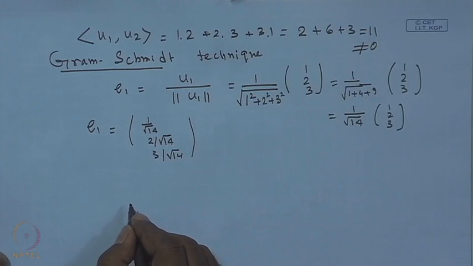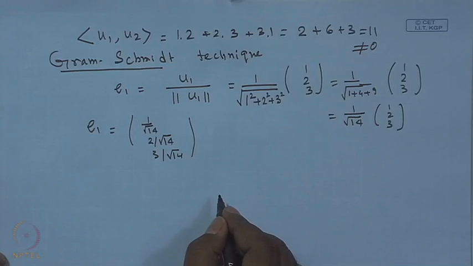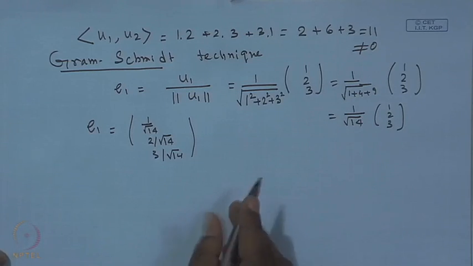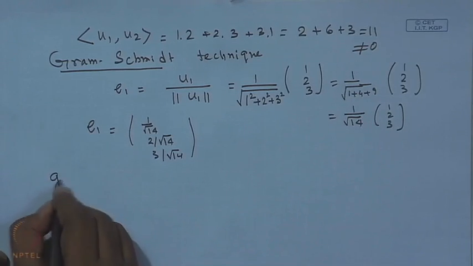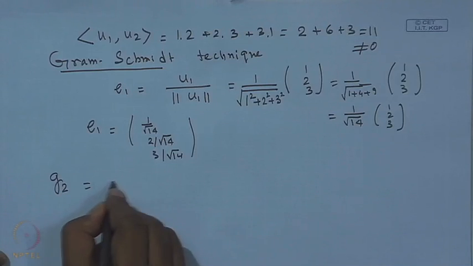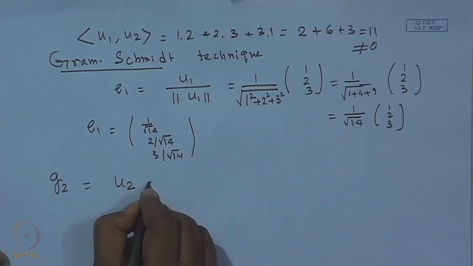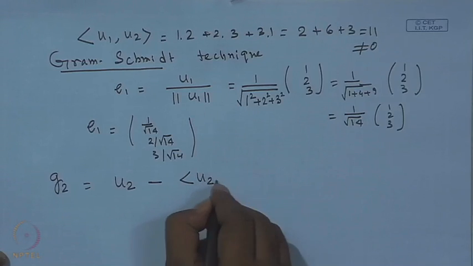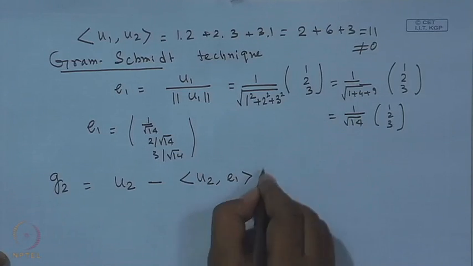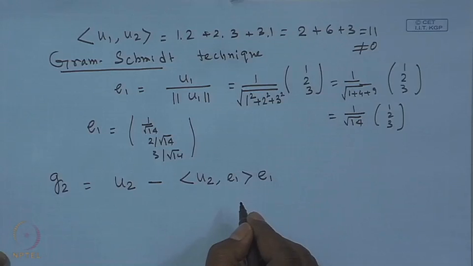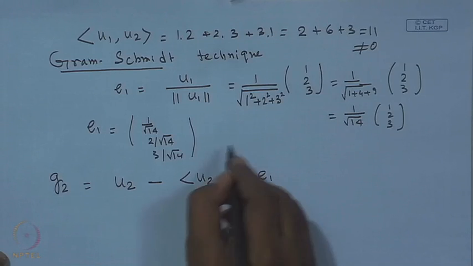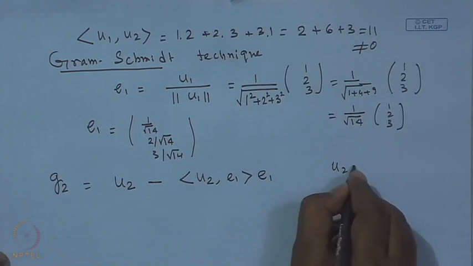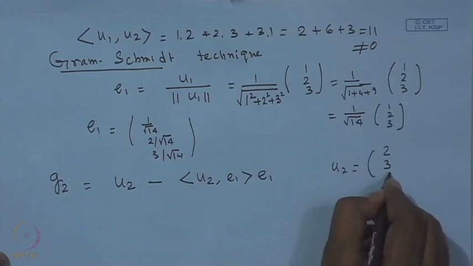Next, we go for the second vector of this set, that will be given by g2. g2, if you remember, is nothing but u2 minus the inner product of u2 and e1 multiplied by e1. And what is u2? If you remember, u2 is 2 3 1.